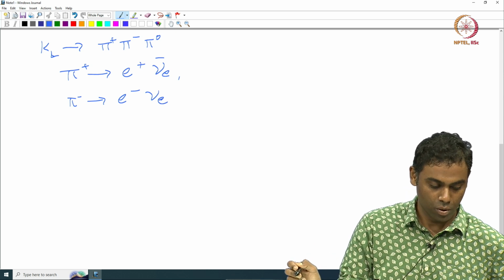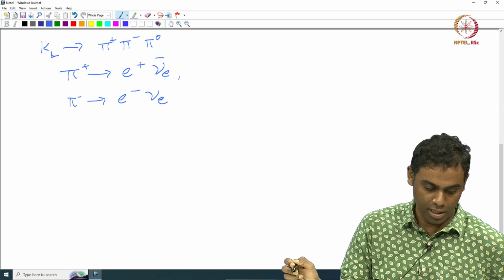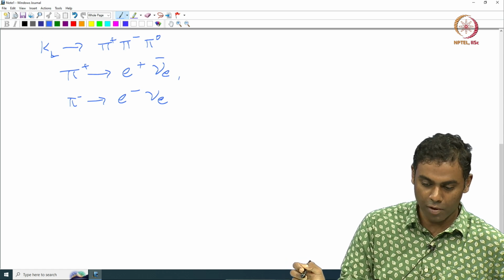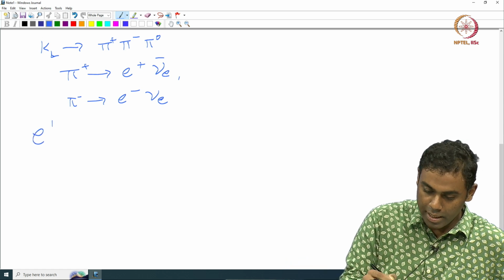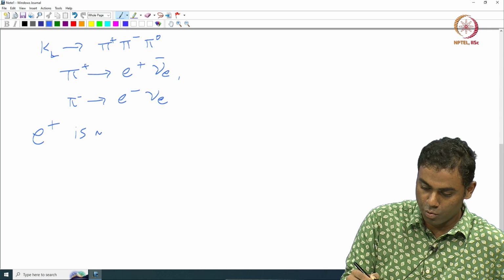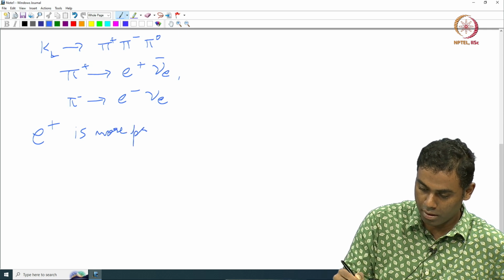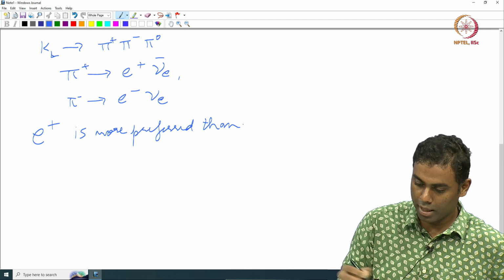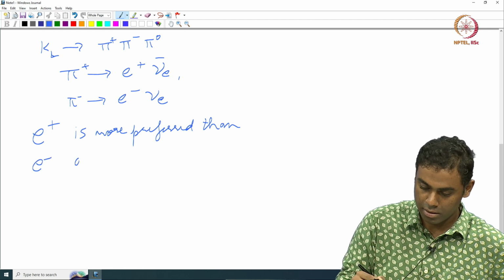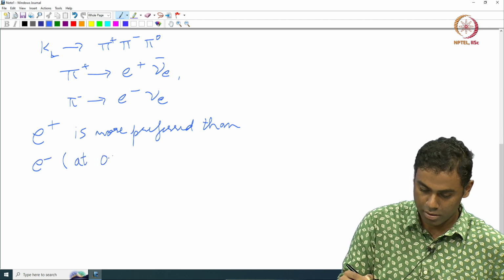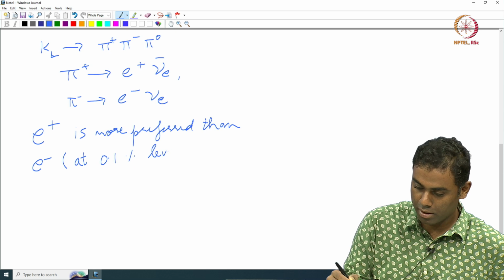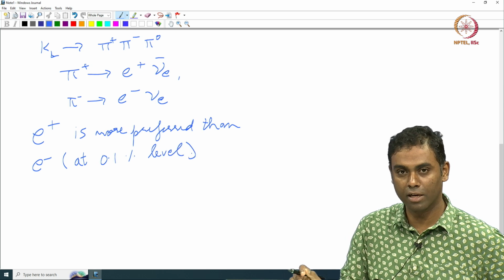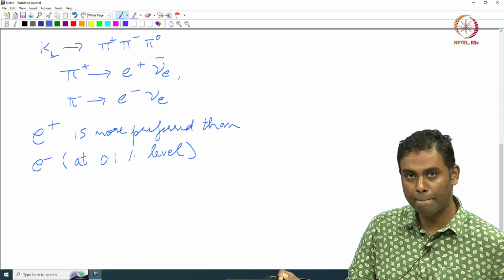Okay. Now because of CP violation, you will find that e plus is more preferred than e minus, at a 0.1% level, 10 to the power minus 3 level again, right?